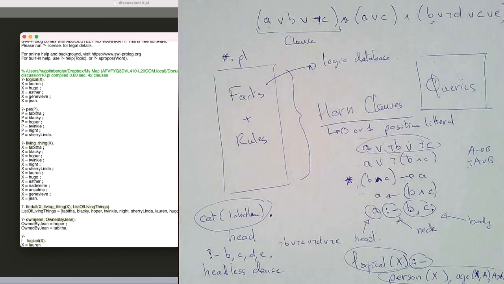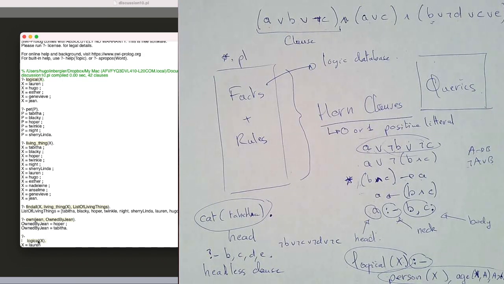So how is Prolog solving this goal? The headless clauses, we also call them goals. So it's considered as a goal to be satisfied. I want to satisfy X is logical, X being a variable. So I'm going to find some instantiation of X that makes this logical true.